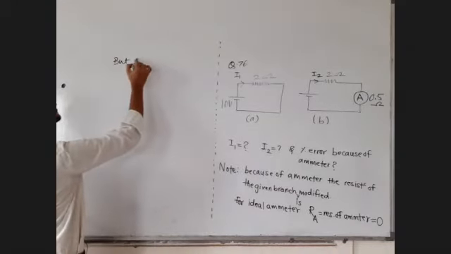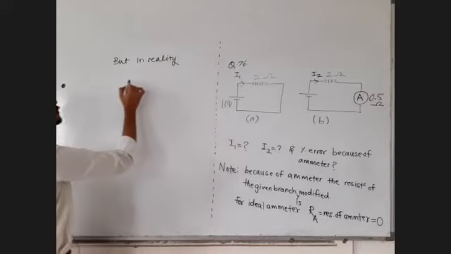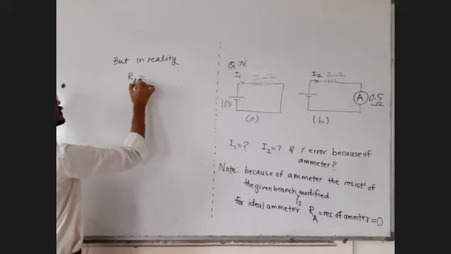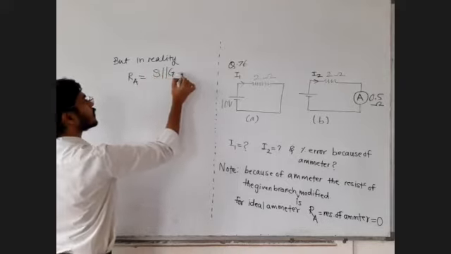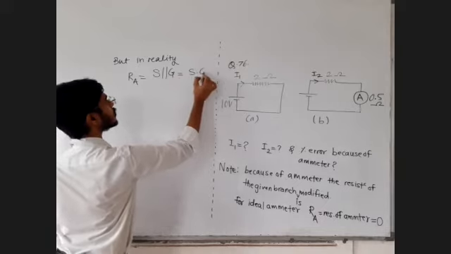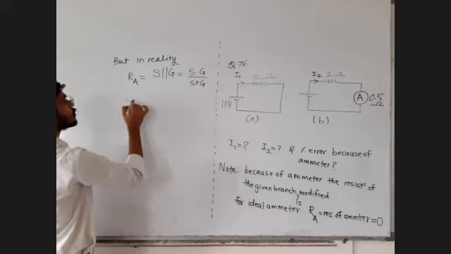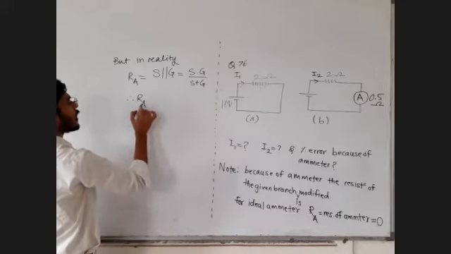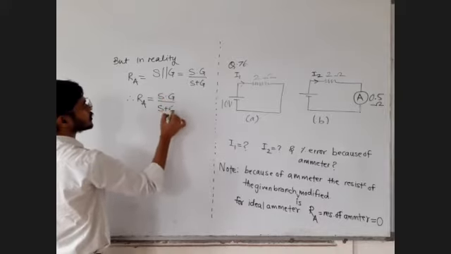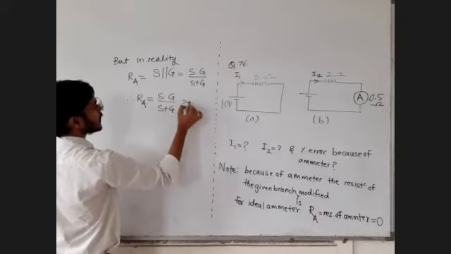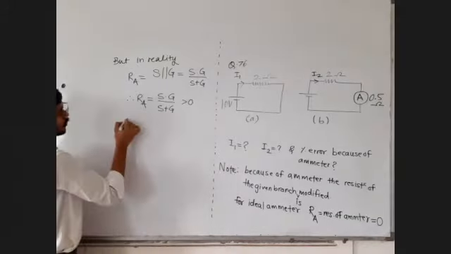But in reality, the resistance of the ammeter is equal to the parallel combination of shunt and galvanometer, which is equal to S into G upon S plus G, which is slightly more than 0.